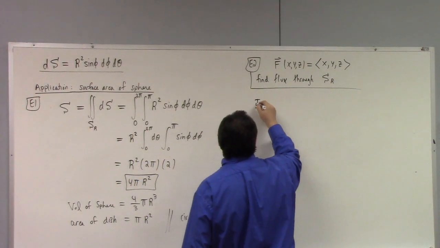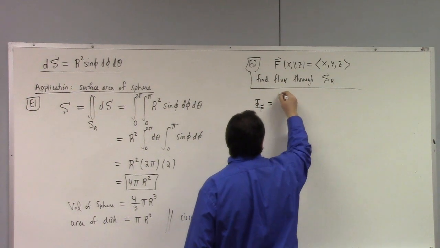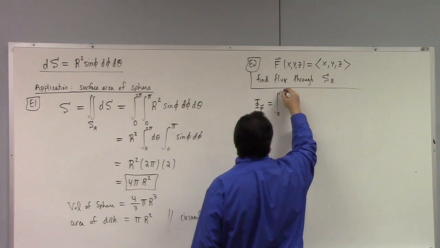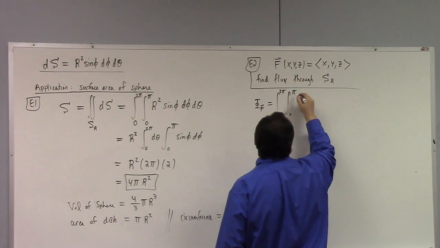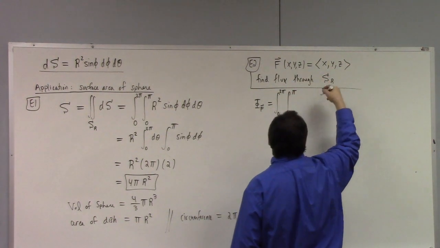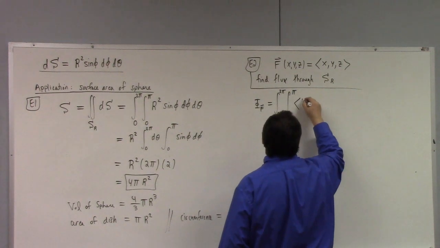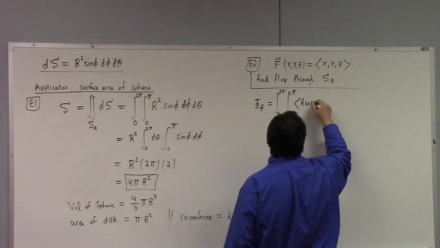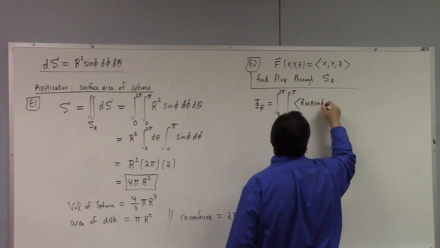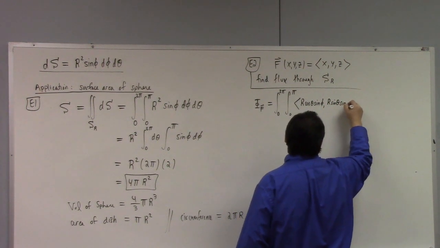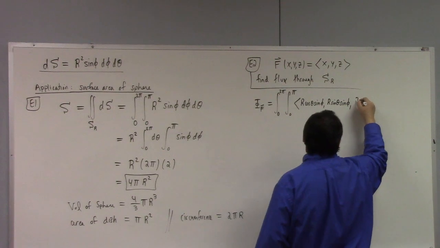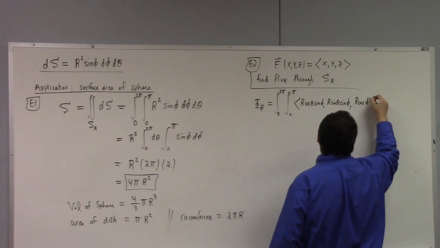The flux of F, integral from 0 to 2 pi, integral from 0 to pi. We take our F and evaluate it at R cos theta sine phi, R sine theta sine phi, R cos phi, right?